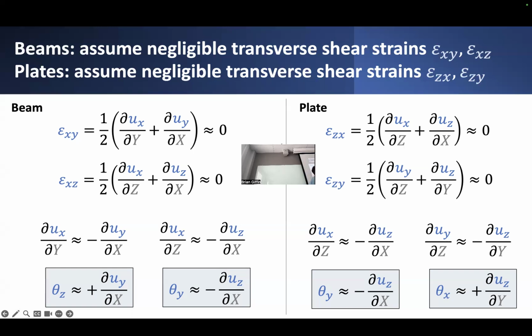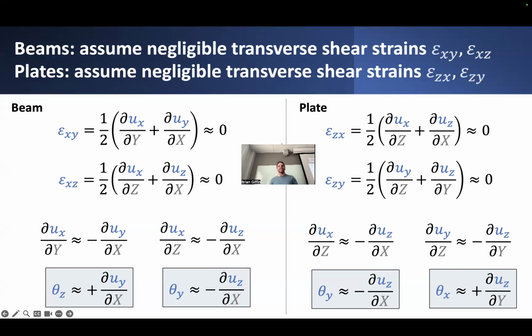The only difference here is which particular components of shear strain we enforce to be roughly equal to zero. In the case of a plate, it's the epsilon zx and epsilon zy components of strain corresponding to the shear strains through the thickness of the plate.